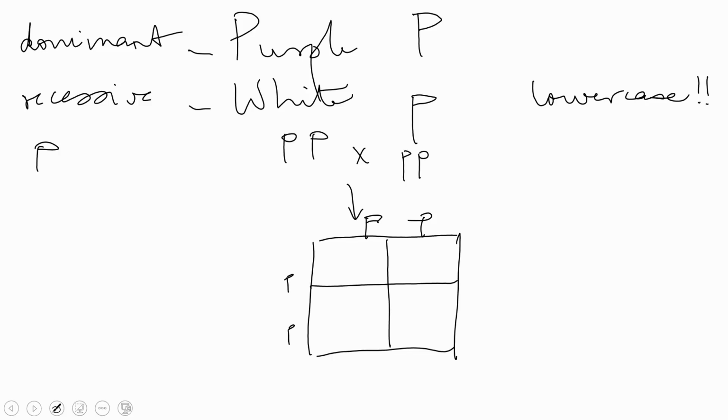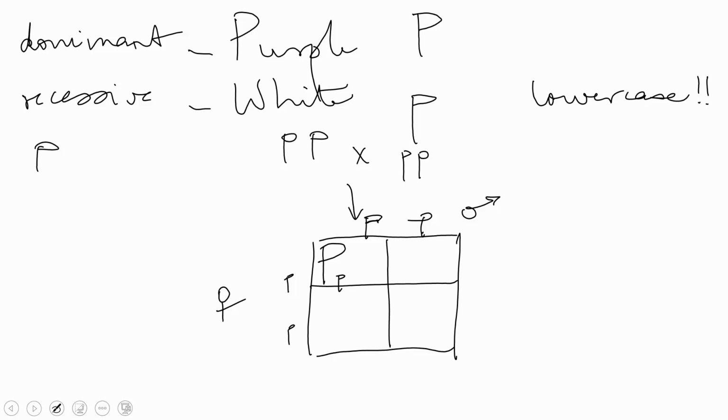This is the female side, and that is the male side. So what kind of children are we coming up with? Remember, in meiosis you get just one homologue of the chromosome. You don't get both, but in the zygote you get both back. So here, the dad is donating a capital P, and the mom is donating a little p.